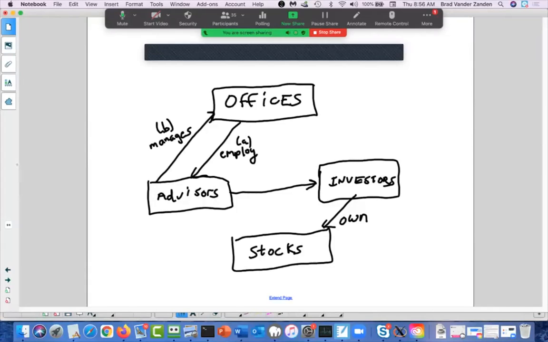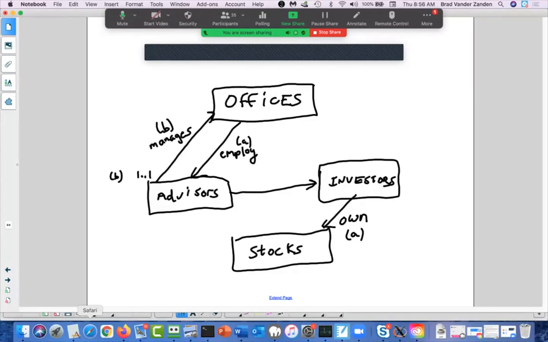That comes from A. Investors own stock. That comes from A. Also from B, we know that an office is managed by exactly one advisor. Now in C, we learn that so this information came from B.